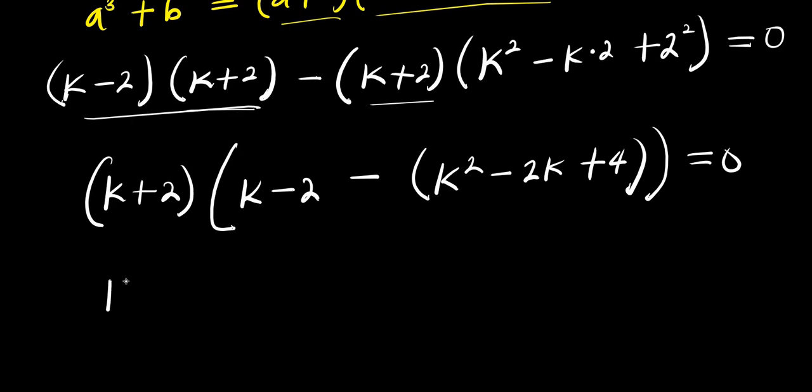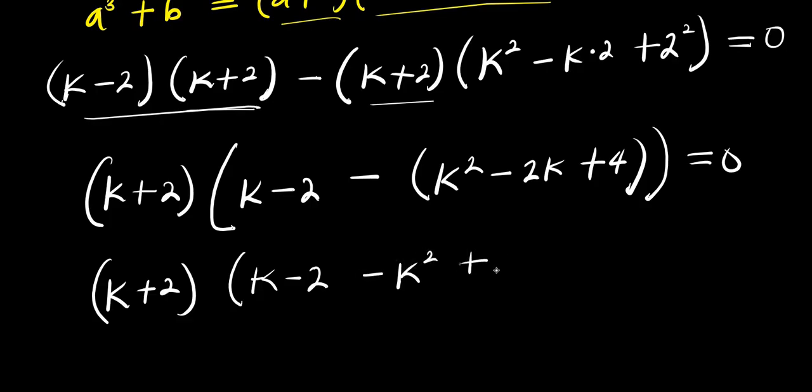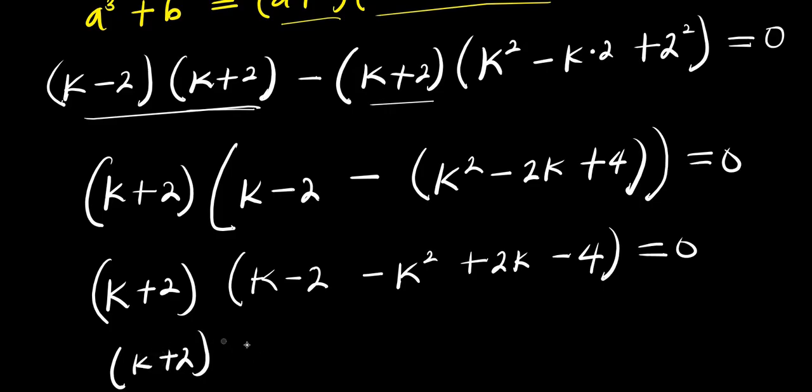So right now, we have k plus 2 times k minus 2, this becomes minus k squared plus 2k minus 4 equals 0. So from here, we have k plus 2 times k plus 2k, that is 3k. Then we have minus 2 minus 4, that is minus 6. Minus k squared equals 0.